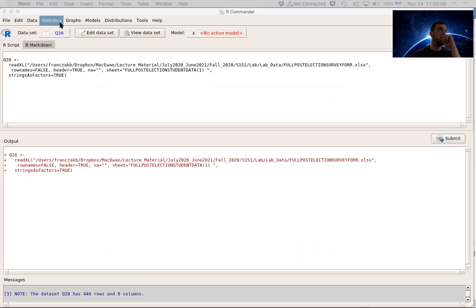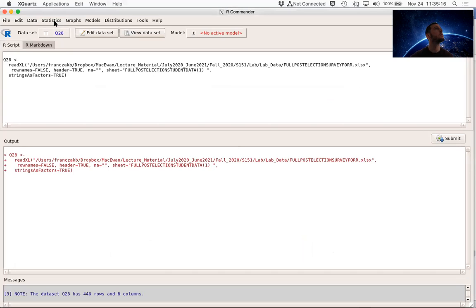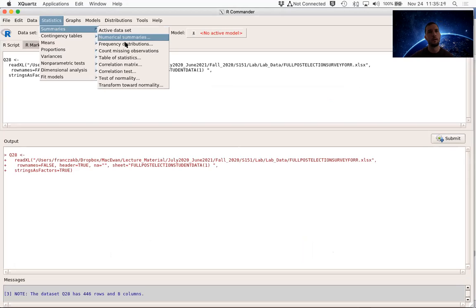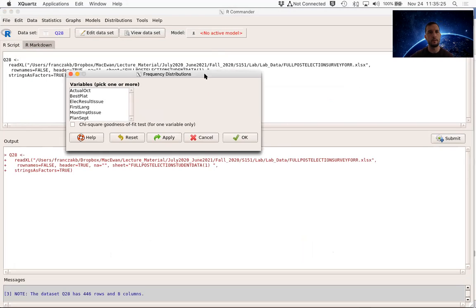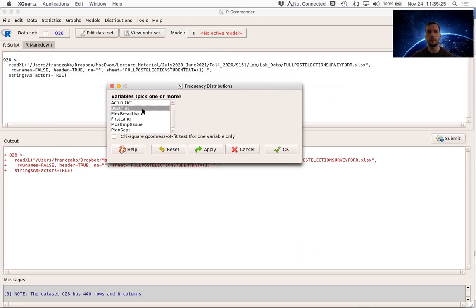we go statistics, summaries, frequency distributions. We select our variable, and then we check this box for chi-square goodness of fit test.